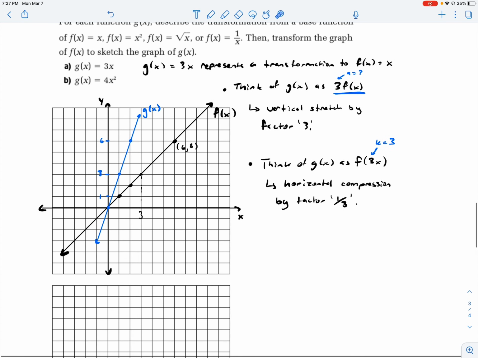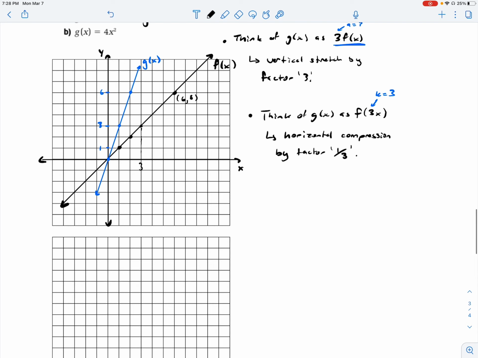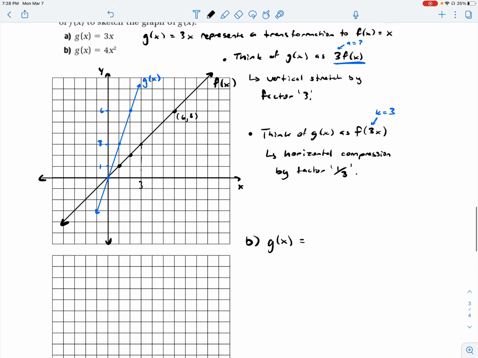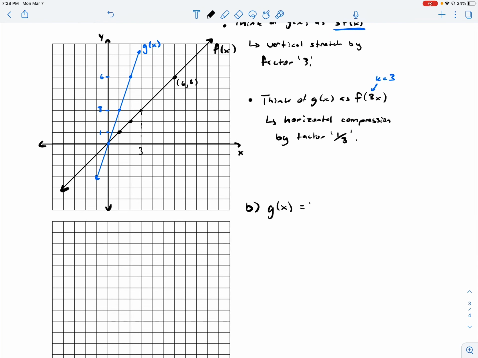Okay, now we're going to go ahead and do this for the next one, g of x equals 4x squared. So I know that this is related to the base function, f of x equal to x squared, because I can see the exponent in it.